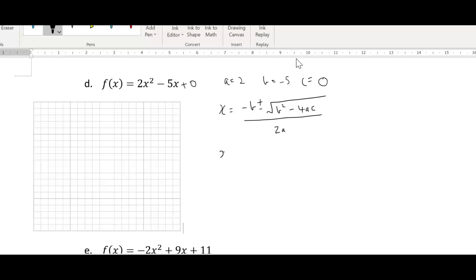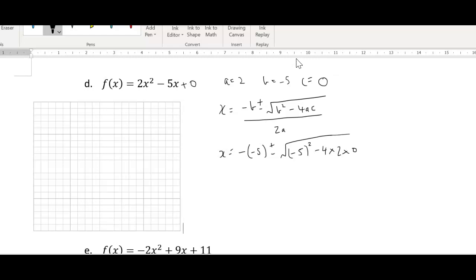All right, so we're just substituting A, B, and C in. So B is -5. Now, negative numbers, remember we love a little bit more, we give them a hug. So I've got B is -5. So everywhere I see B, I'm going to put brackets just so we don't make any mistakes. All right, so minus 4 times A, which is 2, times C, which is 0.